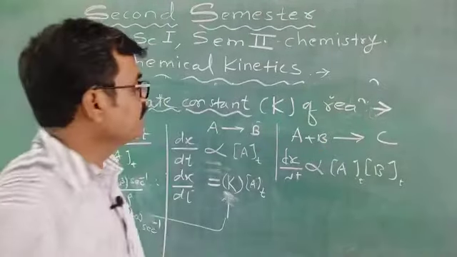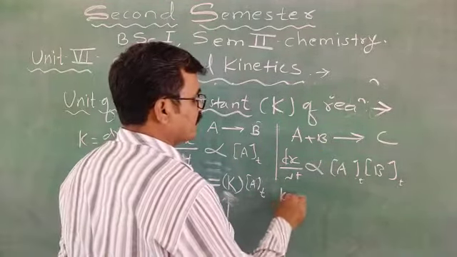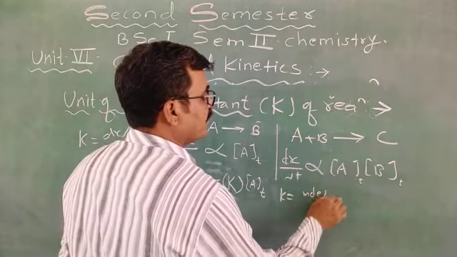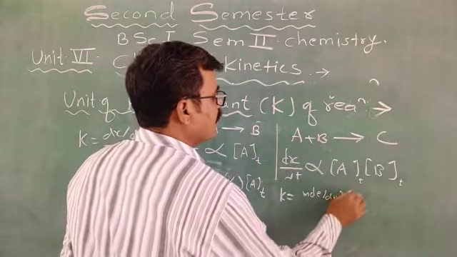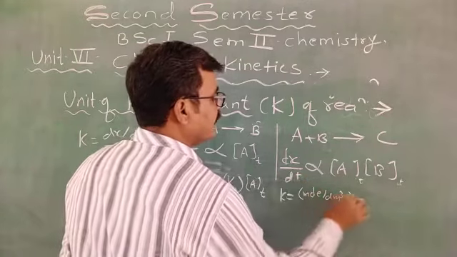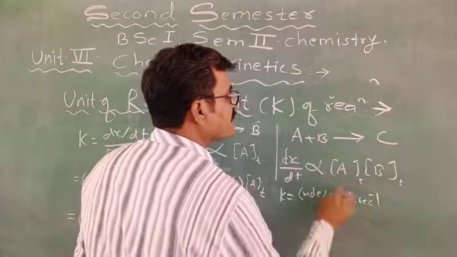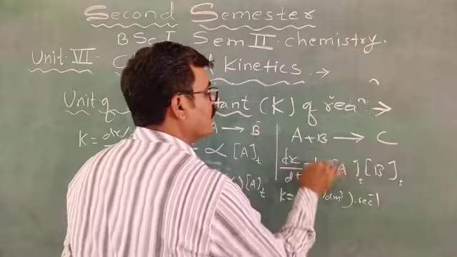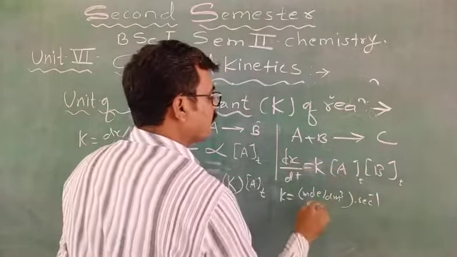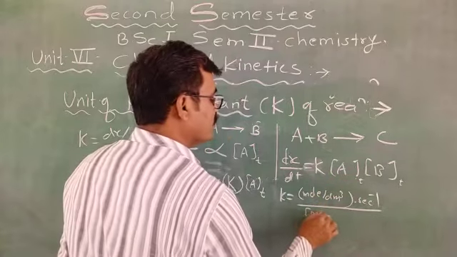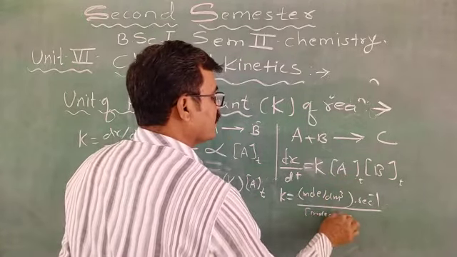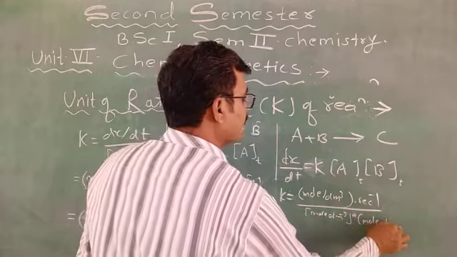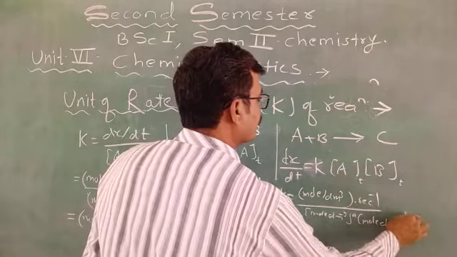For this reaction, the unit of K equals moles per dm cube into second inverse for dt, divided by the concentration of A, moles dm cube raised to a, into moles dm cube raised to b.